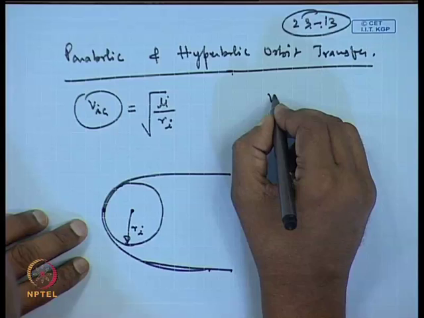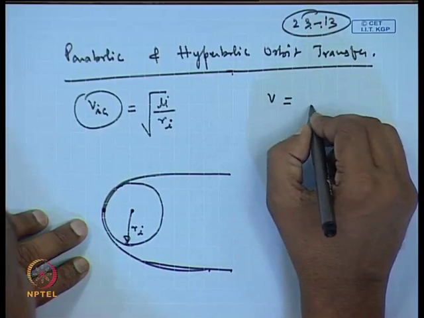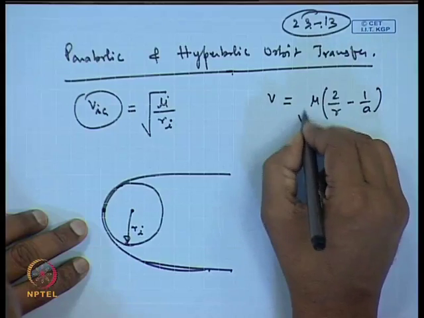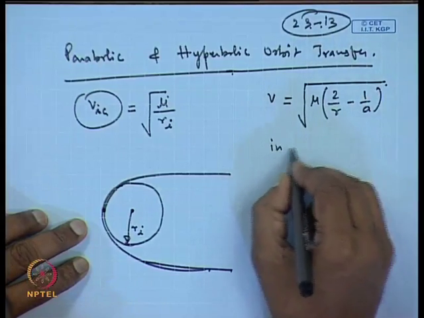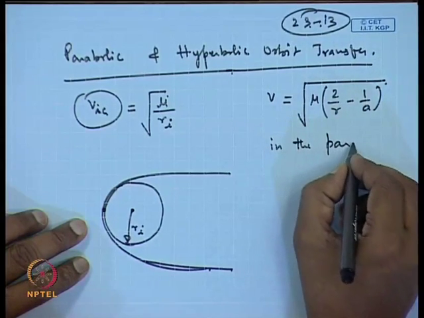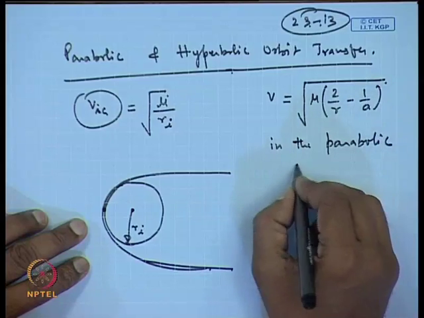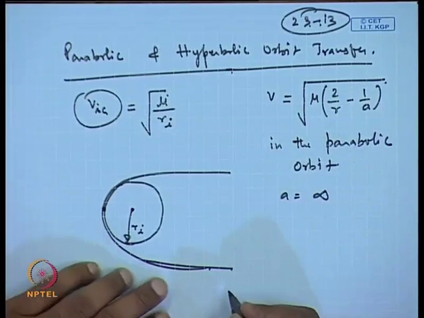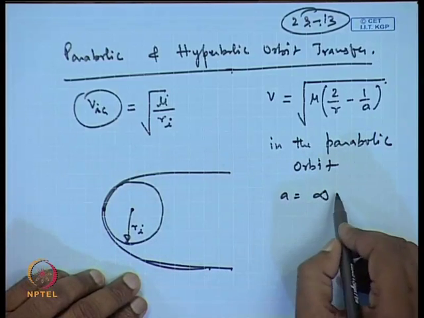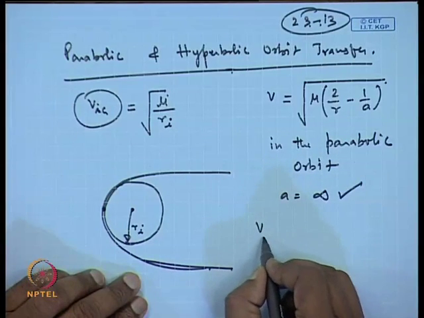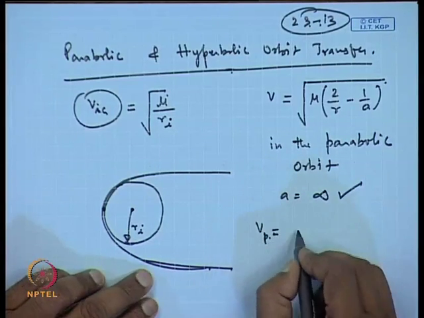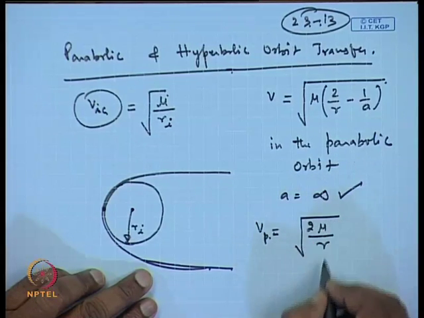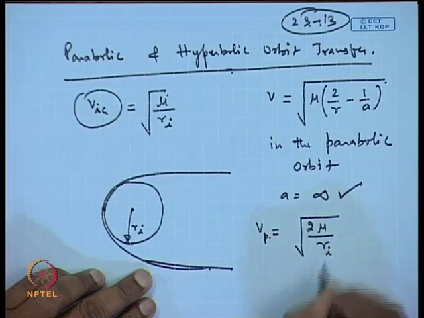So, we use the equation for the velocity. V equal to square root of mu times (2 by r minus 1 by a). Okay. In the parabolic orbit, a equal to infinity. Semi major axis of the parabolic orbit is infinity, and therefore, V parabolic we can write here as square root of 2 mu by r, and we put here r_I.